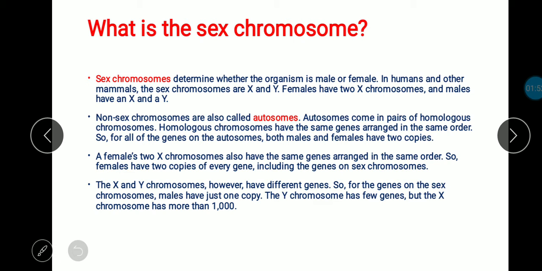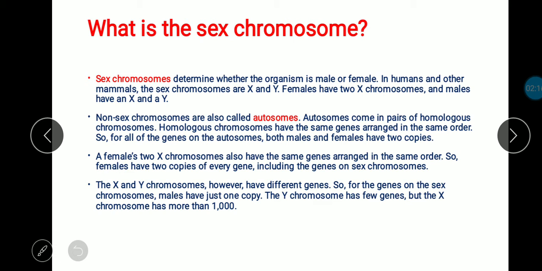Autosomes come in pairs of homologous chromosomes. Homologous chromosomes have the same genes arranged in the same order. So, for all of the genes in autosomes, both males and females have 2 copies.